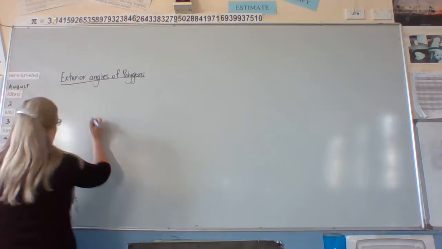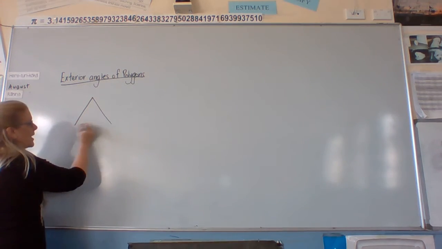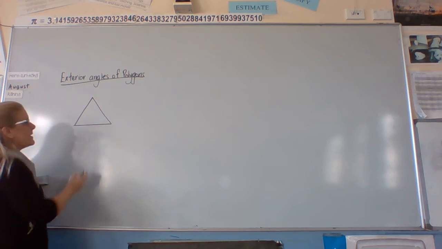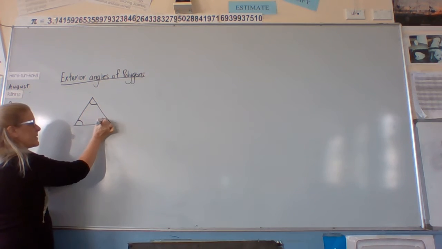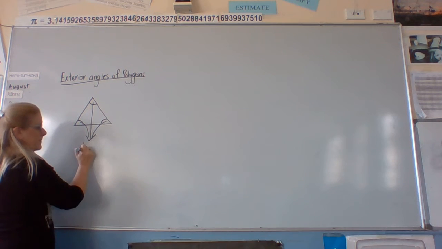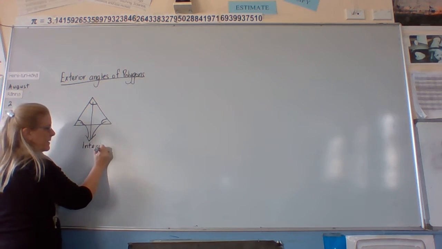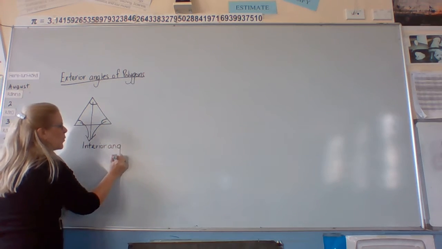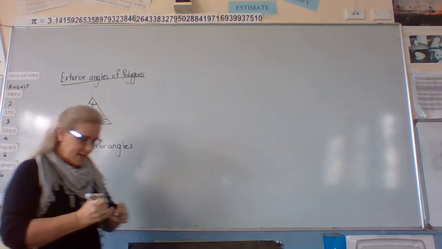So let's look at a straightforward plain triangle. All right, these are the interior angles. So where would you think the exterior angles are?